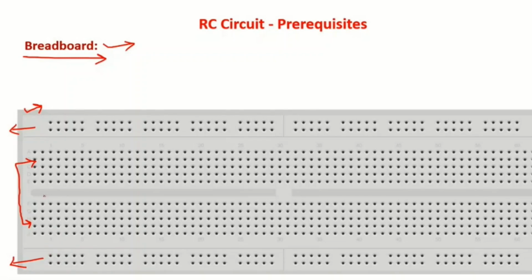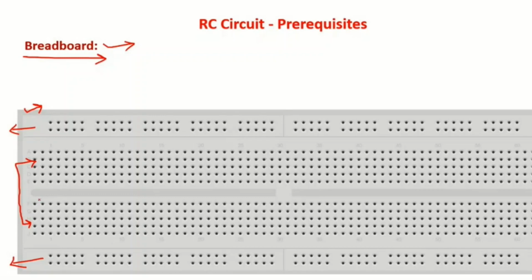Only one thing we need to remember: the middle portions have the same property, and the top and bottom portions have the same property, which is different from the middle portions.